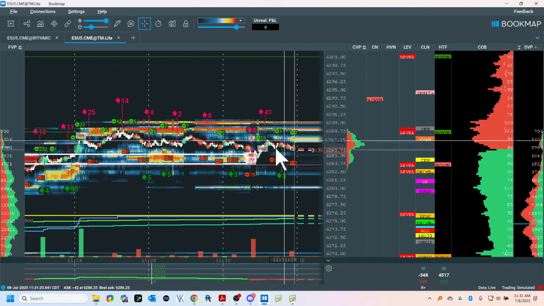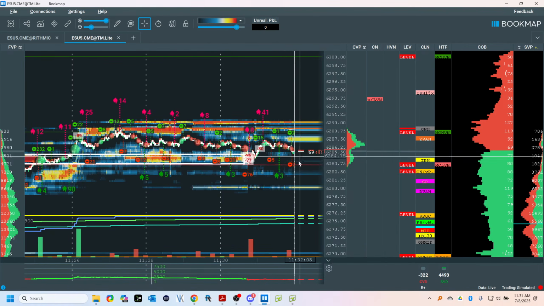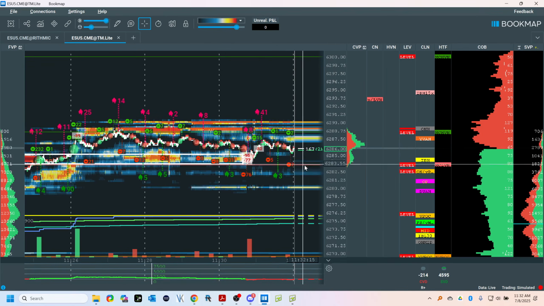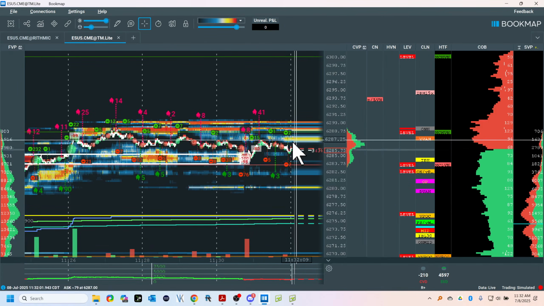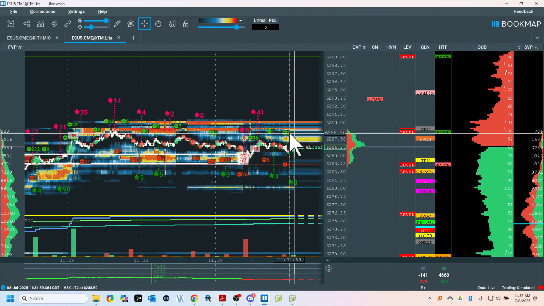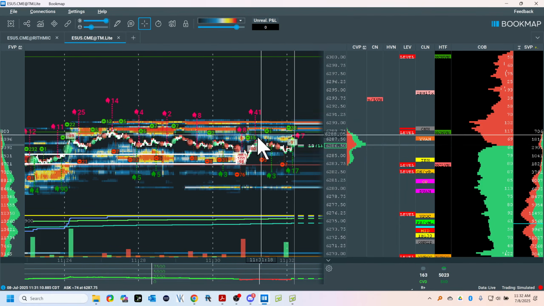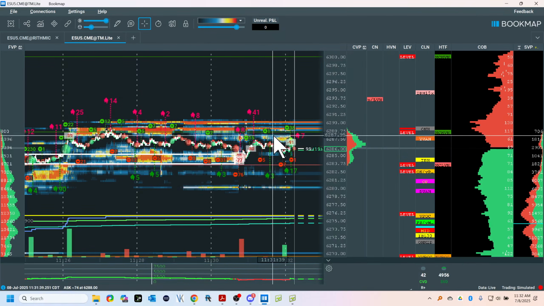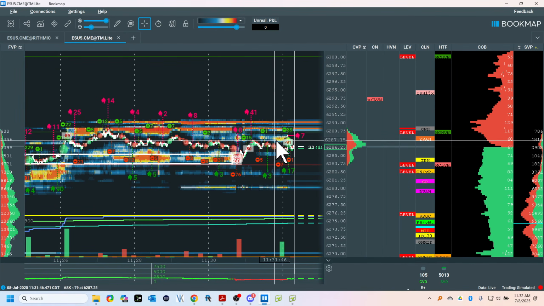Is it working against me? I mean, does something huge come in down here? And as I approach it, does it stay or does it start flashing? You see, notice now we have some more liquidity here. This is still in the book. See how it pulled? So this is kind of where you just have to accept that there's a lot of games played.